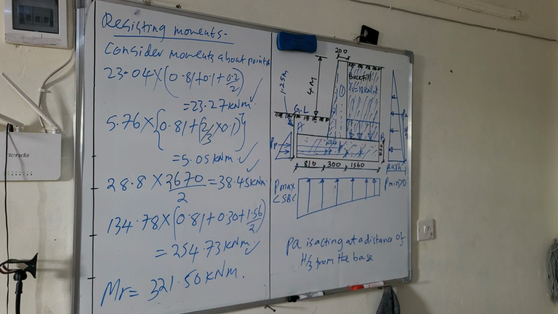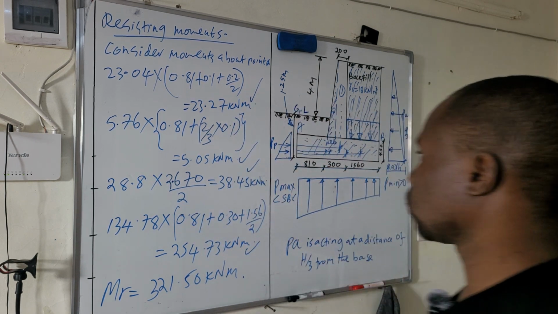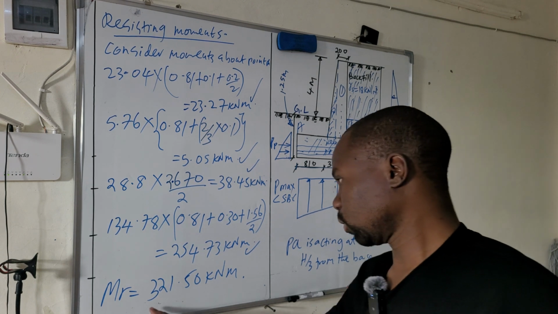So that is the moment of resistance. So this one is supposed to be 2.6 because we are converting it from millimeter to meters. So this is the total moment of resistance.